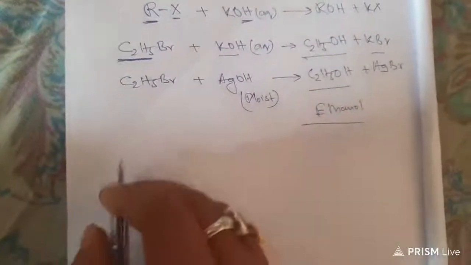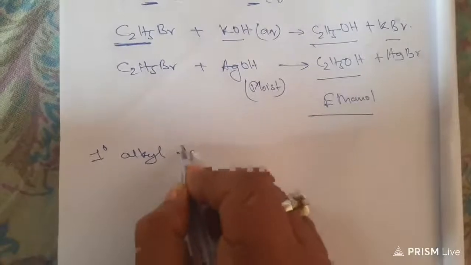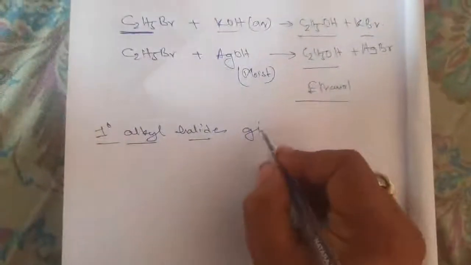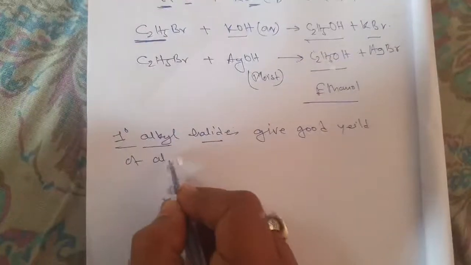Now you see, primary alkyl halides give a good yield of alcohol. So always remember, primary alkyl halides give a good yield of alcohols.